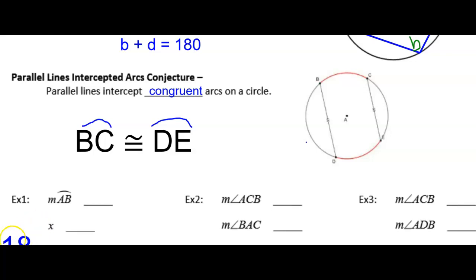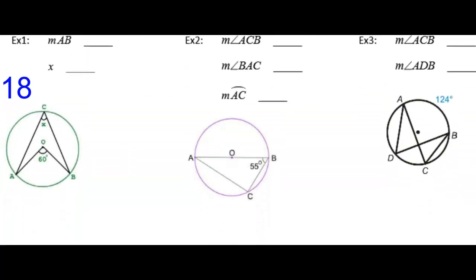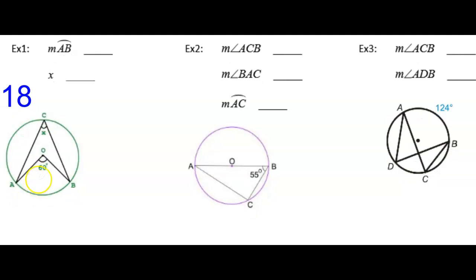So example 1 says find the measure of arc AB, and then also what is X. All right, so the measure of arc AB, remember, since we're given that central angle as 60 degrees, then arc AB would also be 60 degrees.